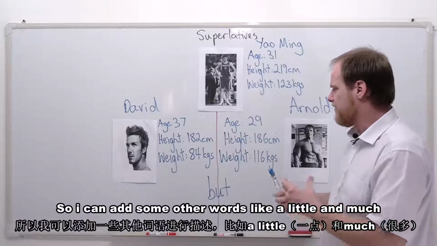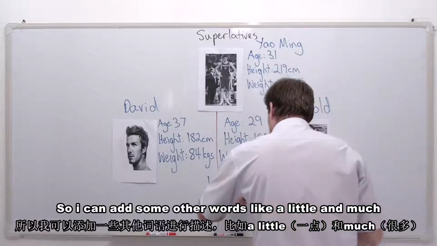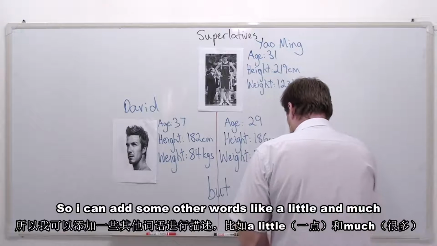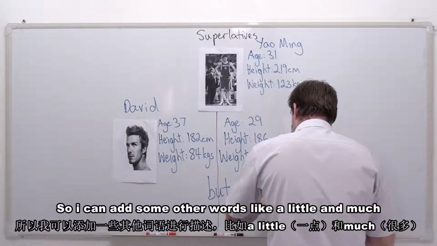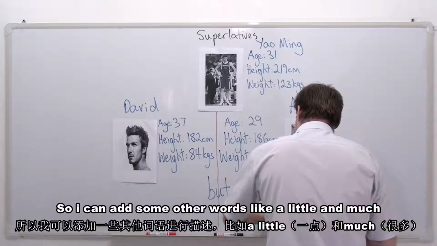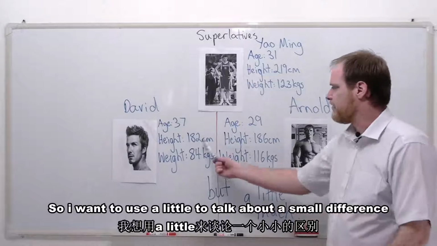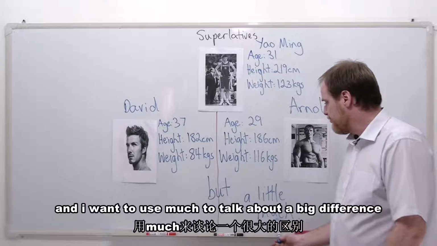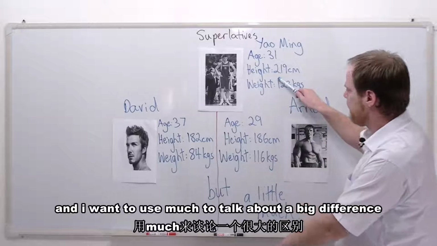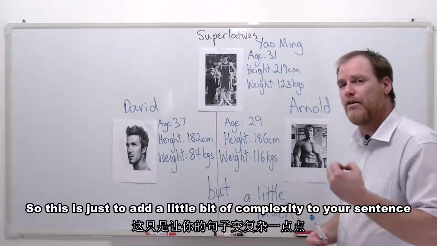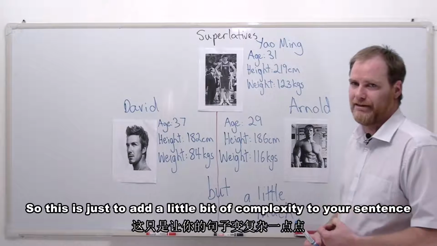Now, for a situation like the height, where these two are fairly similar, but then there's a big gap to Yao Ming, I can add some other words like "a little" and "much," okay? I want to use "a little" to talk about a small difference, and I want to use "much" to talk about a big difference. This is just to add a little bit of complexity to your sentence.